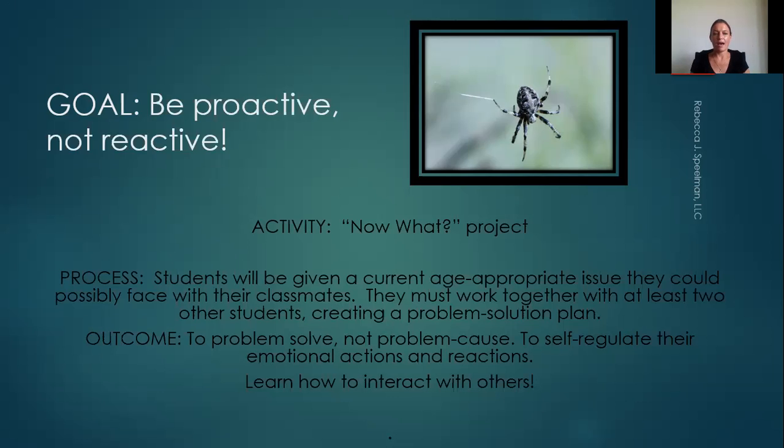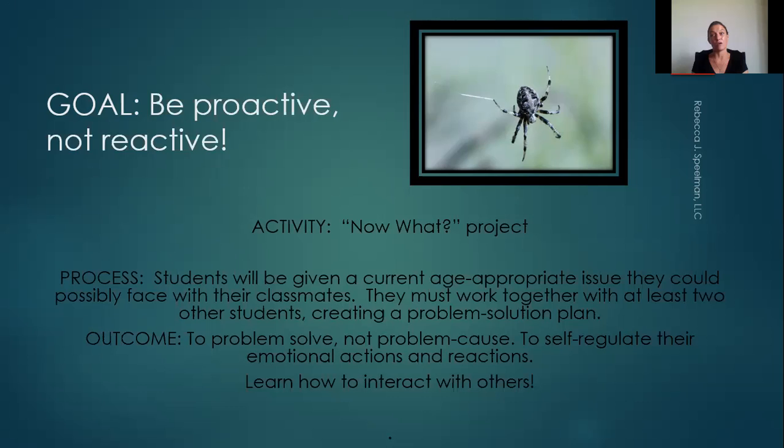And they have to work together with at least 2 other students to create a problem solution plan. Because for every problem, there's a solution. And I did this activity even with my college students who were in teacher education to come up with this proactive idea of what's the biggest challenge you think you're going to face as a new teacher and how are you going to solve it? So same process for your students, for yourself.